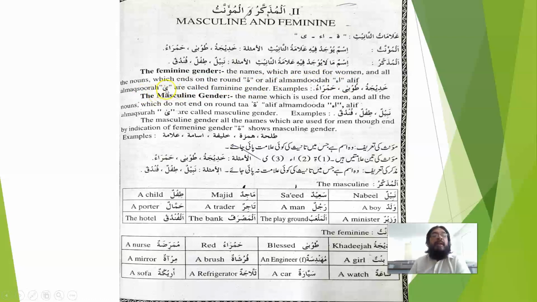This is called ya. This is alif al-maqsura. These are called feminine genders. Examples: Khadijatu, Tuba, Hamrau. These are the examples of feminine gender. If any word has the signs of feminine, which is ta, ya, and alif hamza, that noun will be considered as feminine.